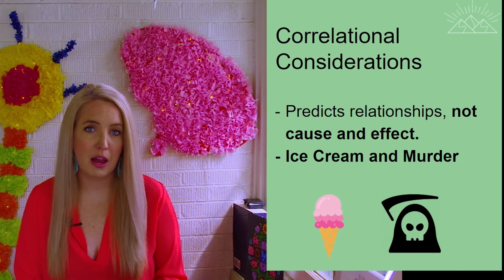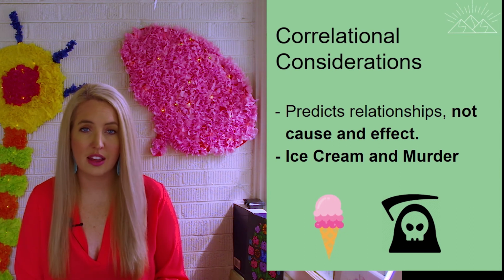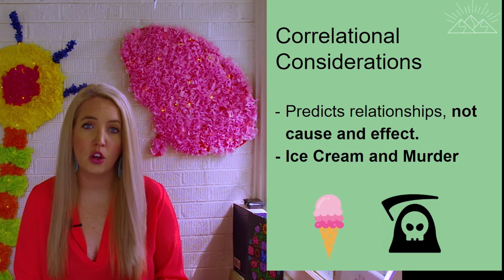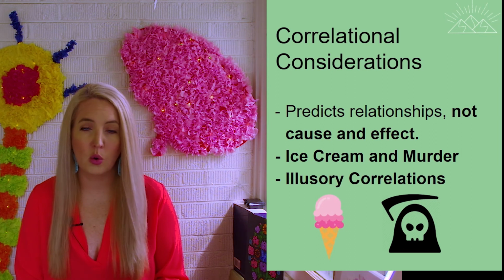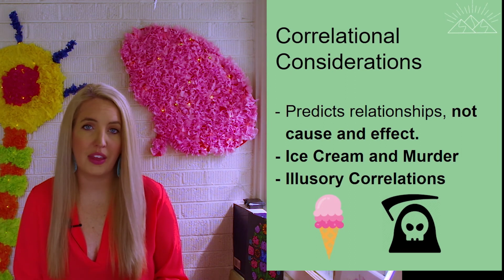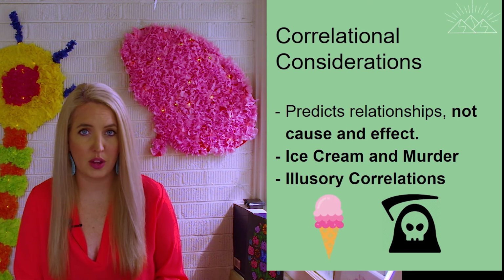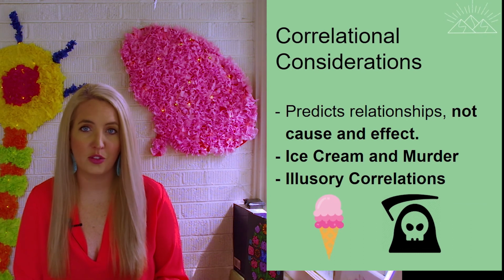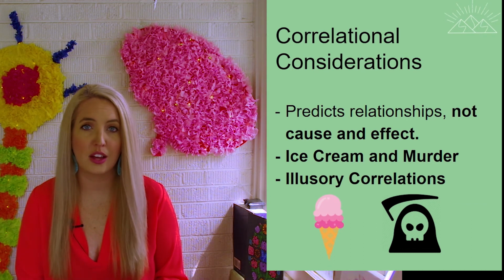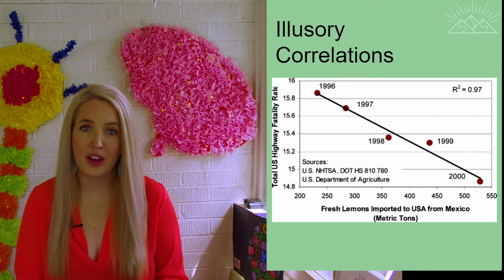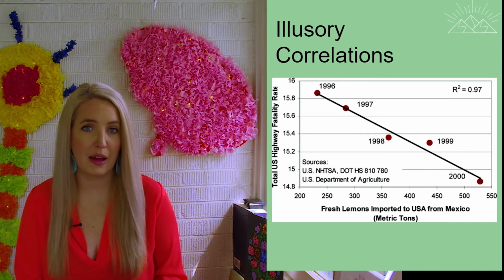But this ice cream and murder example shows us that sometimes we see what's known as illusory correlations. Correlations that look real, but they actually have no relationship between the two. One of my other personal favorites, and this is a real correlation as well, is the highway fatality rate and the fresh lemons imported to the United States from Mexico.